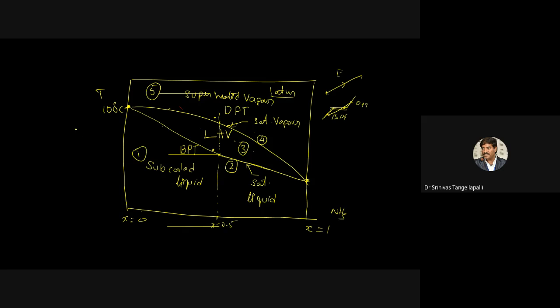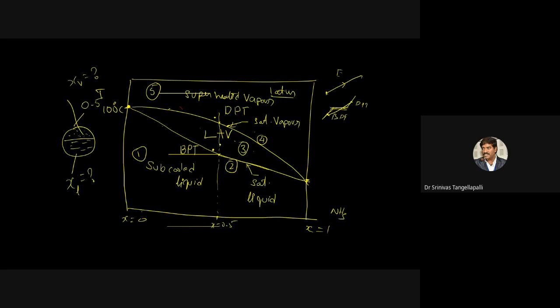But the elemental concentration, for example, this is a liquid and this is a vapor. The total concentration is 0.5. What is the liquid concentration and what is the vapor concentration? That is different.